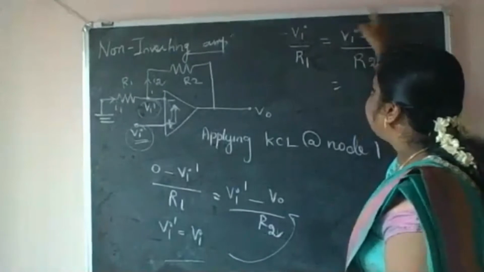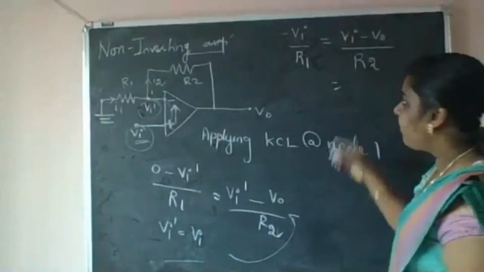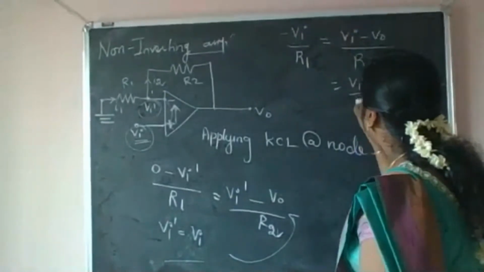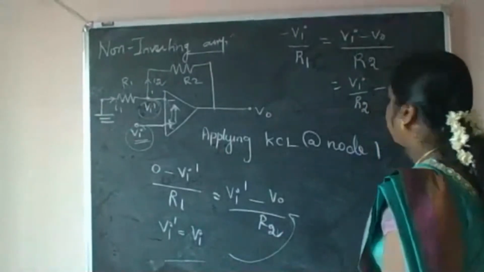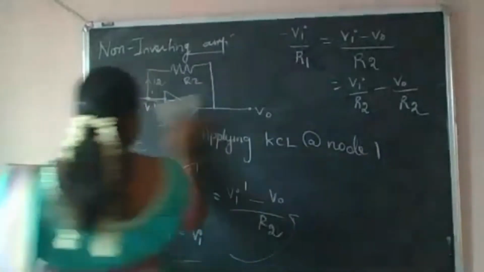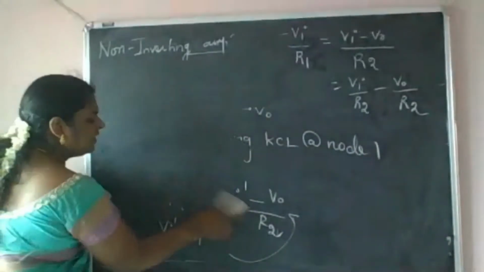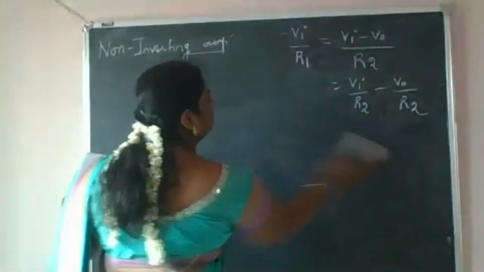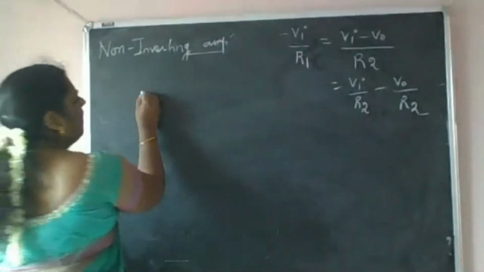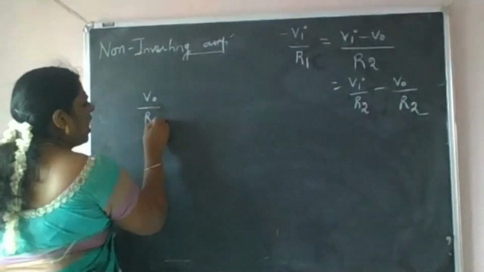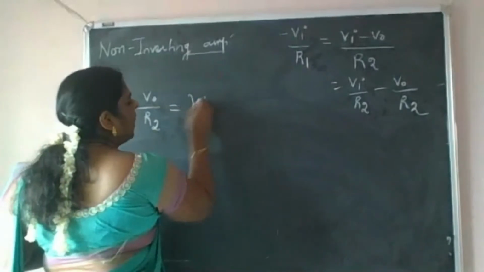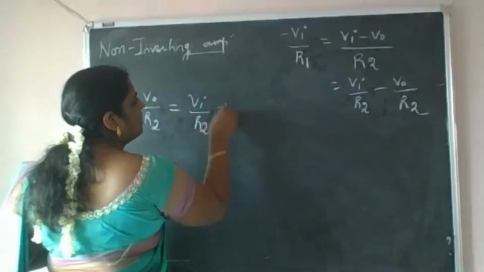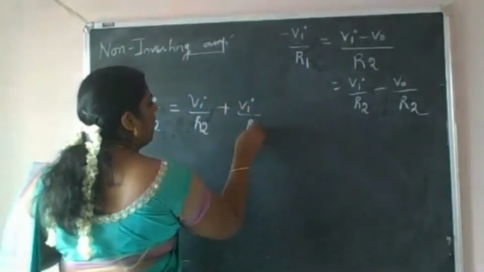Splitting this term into 2, we can write Vi divided by R2 minus V naught divided by R2. For easy simplification, rearranging the terms, V naught divided by R2 is equal to Vi divided by R2 plus Vi divided by R1.